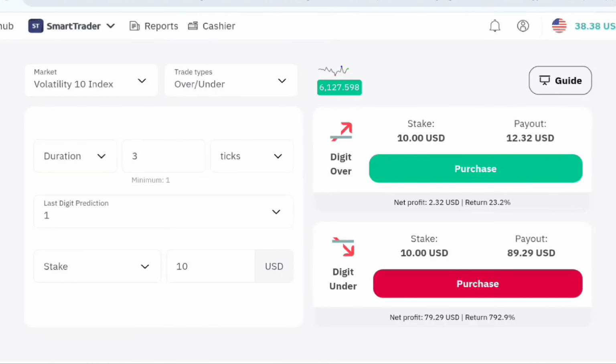If the number is not 0, then I am going to lose. You can see that for only staking $10, if I get that right, I'm going to get $89 in return. So this means I have more chances of winning if I purchase here on the over side, because I have a high probability, but I'm going to make a very low payout.